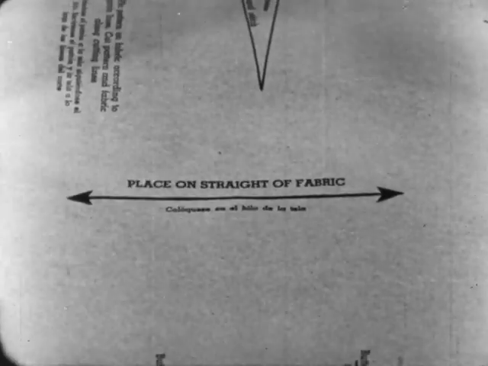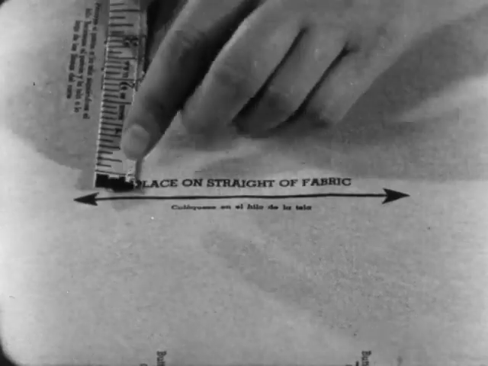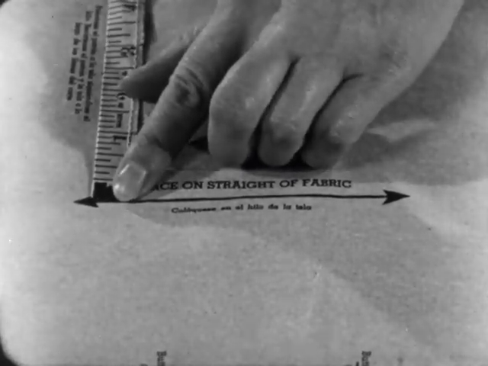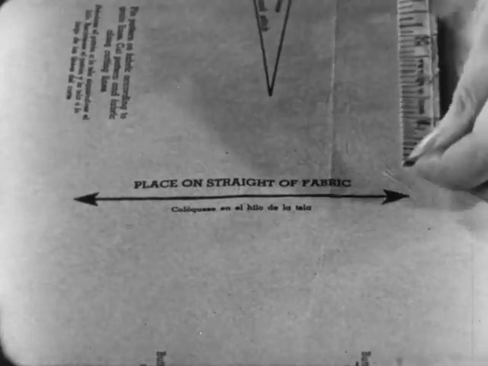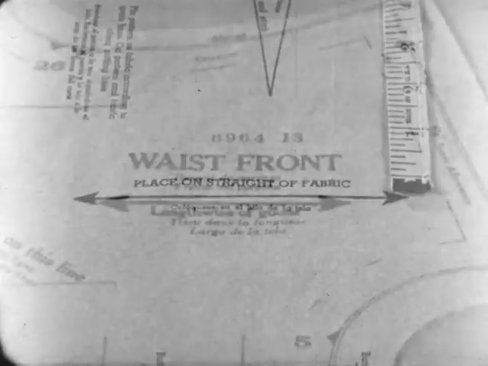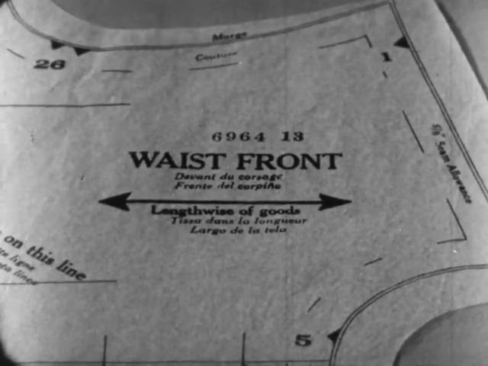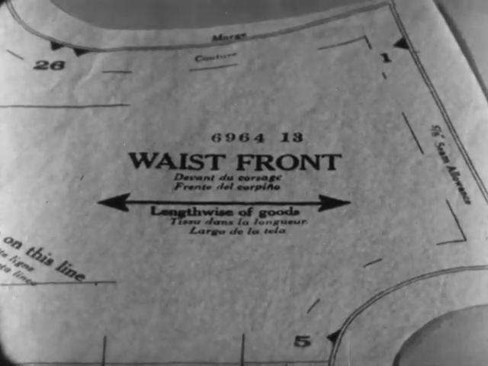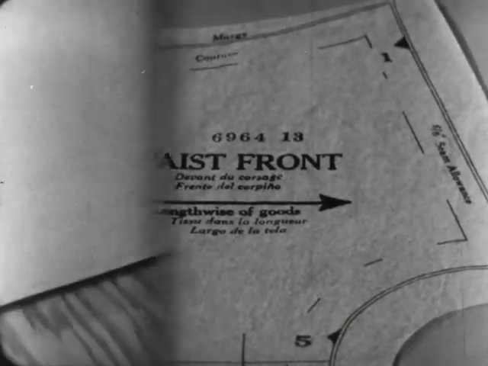A double-ended arrow is used by Simplicity. Measurements may be made from each end of the arrow. The McCall pattern also employs the double-ended printed arrow to indicate straight of the material.